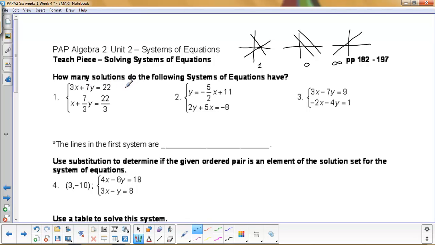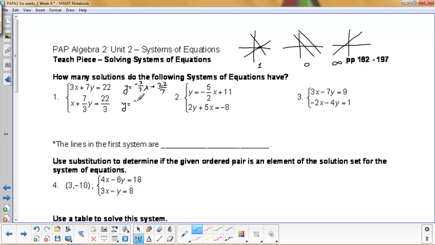In the first equation, subtracting 3x to the other side and dividing by 7 will give the resulting equation. Y equals negative 3 over 7 x plus 22 over 7. Likewise, in the second equation, subtracting x to the other side and multiplying by the reciprocal 3 over 7 will result in the following equation.